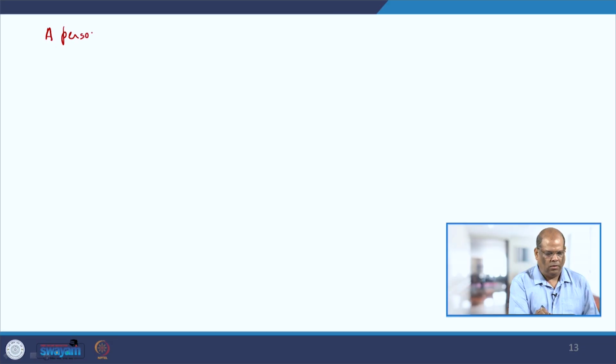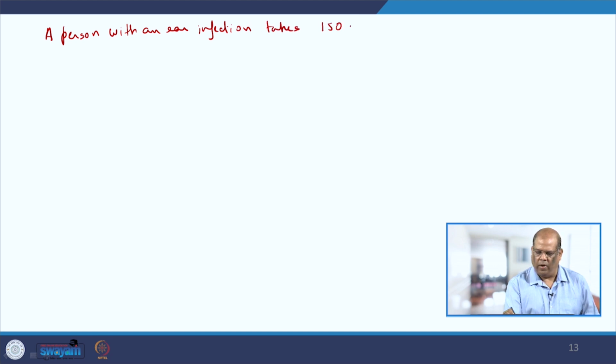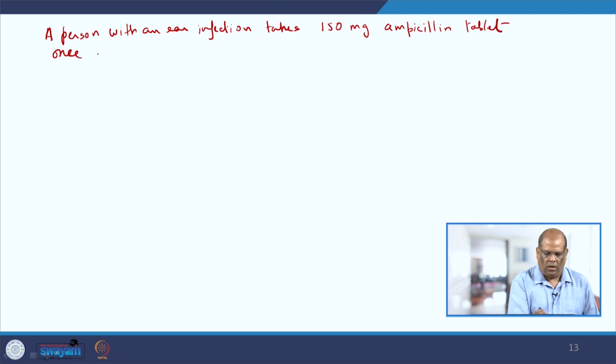We now take another example. Say a person with an ear infection takes 150 mg ampicillin tablet once in every 4 hours. So, that is the time interval.